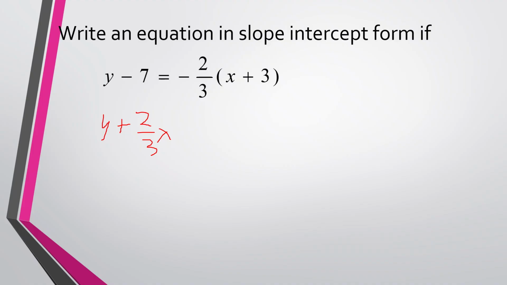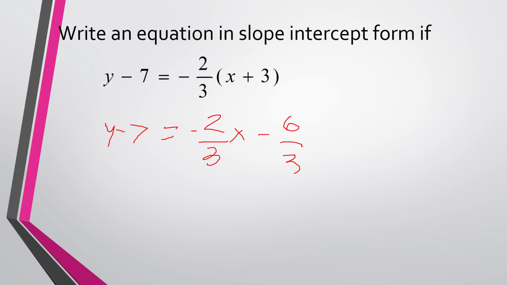Oh, wait. Let's do it first. Okay, so y minus 7 equals negative 2/3 x minus 2 times 3 is 6 over 3. Okay, so that's negative.